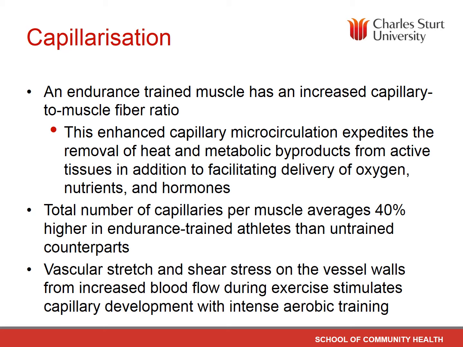So after approximately 2 weeks of exercise training, you release a growth factor called VEGF, vascular endothelial growth factor, and that starts to increase angiogenesis, so the number of capillaries at any muscle bed that you're training. So if you're just cycling, you're not going to have this increase in your arm, or say in your biceps. It will be more specific to muscles that are actually contracting during cycling, such as vastus lateralis.